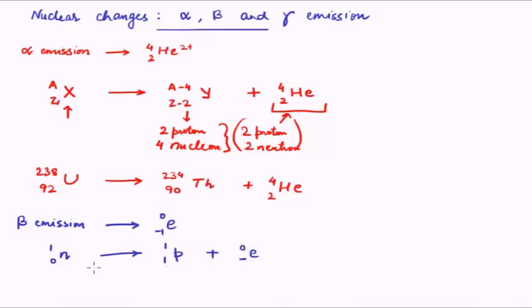If you add up, 0 plus 1 minus 1, 0 for atomic number, and 1 over here, 1 plus 0, a total of 1 for mass number. Therefore both the atomic number and the mass number are conserved, and the beta particle is emitted. Also the stability is increased because the number of neutrons reduces by 1 for each beta emission and the number of protons increases by 1 for each beta emission.